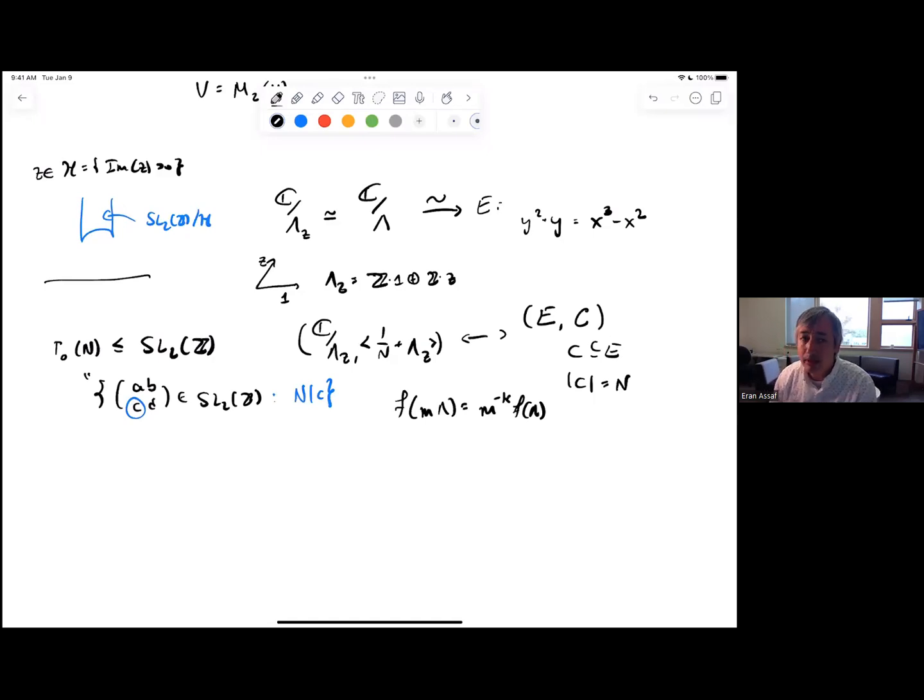So this translates, of course, through this action on the upper half plane to a formula that you might have seen many times before.